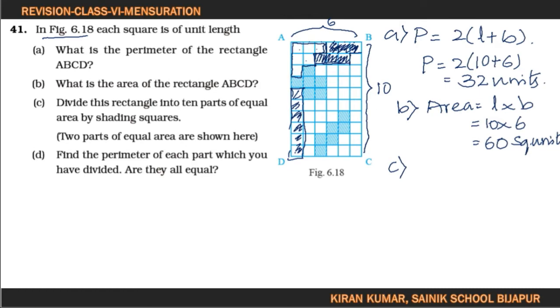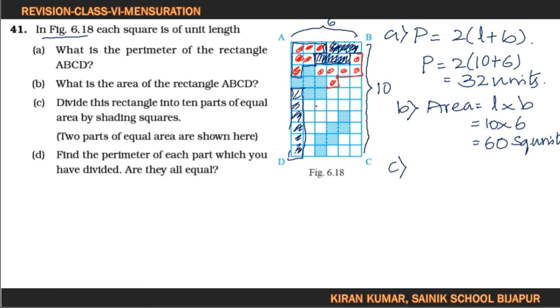Let me use a different ink. This is 1 2 3 4 5 6. One more required. Let me consider it here. This is 6 again.